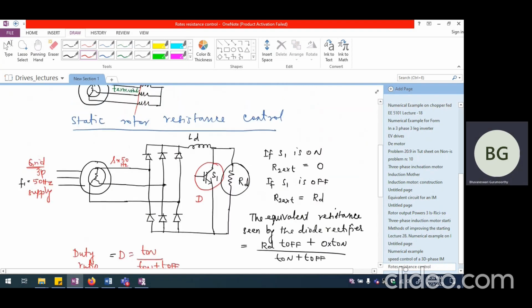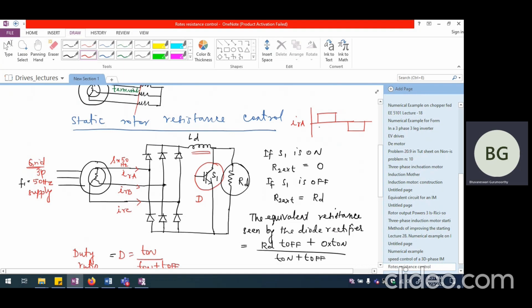Now, because this is a diode rectifier and this filter inductance is a large value, we had already derived this, if you may recall, on the AC side. If I try to look at the current, I am going to have this current only for 120 degrees in the positive half cycle and 120 degrees in the negative half cycle for each of the phases. So if I try to look at this as IRA, this as IRB and this as IRC, IRA will look like this.